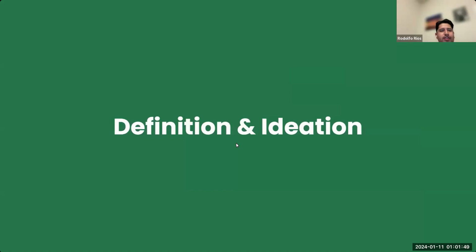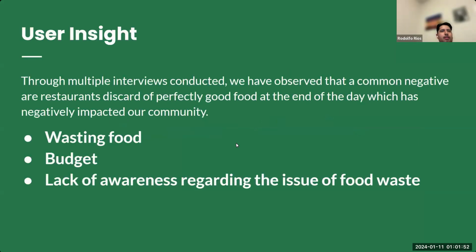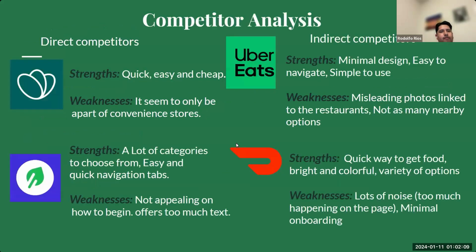Now we'll be covering definition and ideation. So we went into the user insight. Through multiple interviews conducted, we found very negative feedback, which was wasting food, budget, and lack of awareness regarding the issue of food waste. From there, we went on to a competitor analysis.